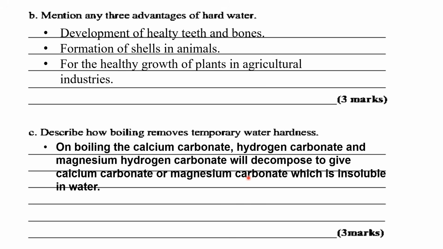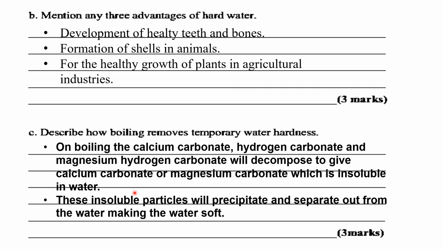These two are insoluble in water. So because they're insoluble in water, they are going to precipitate out. So the insoluble particles will precipitate and separate out from the water, making the water soft, or making the water free from the salt.